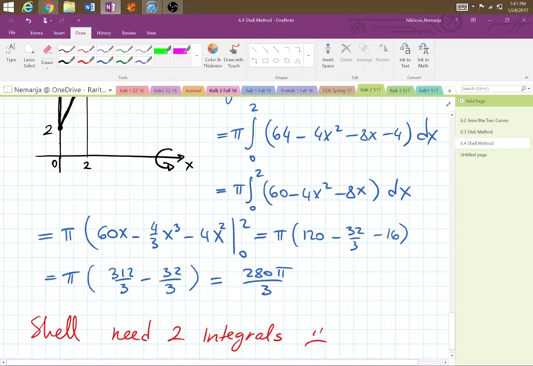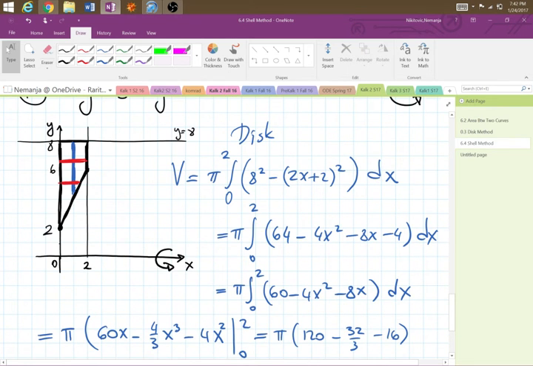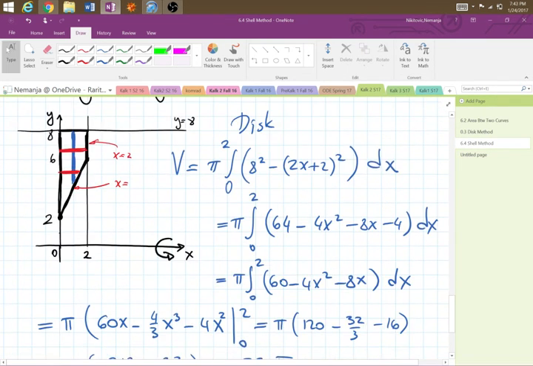And we have a very simple one, it's just 2 times 2 dy. Because this function here is x equals 2 in terms of y, and this function here is x equals 1/2 y minus 1.